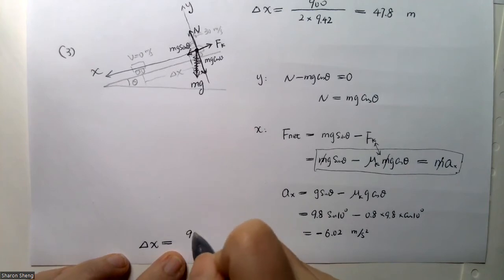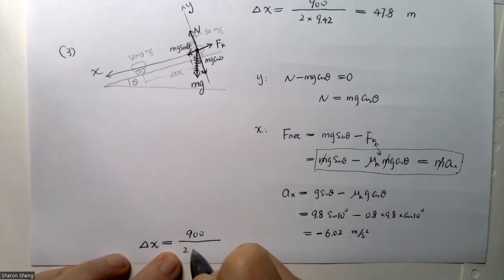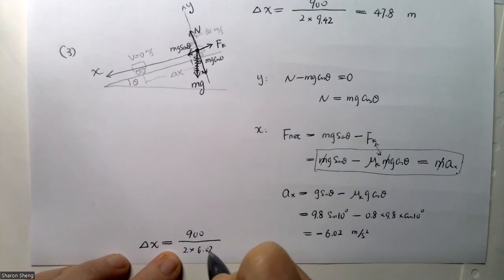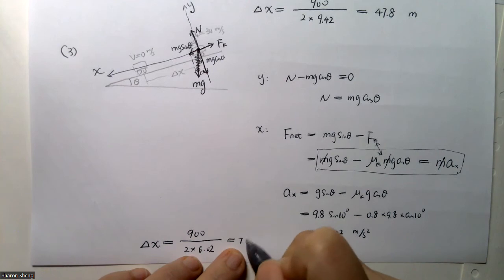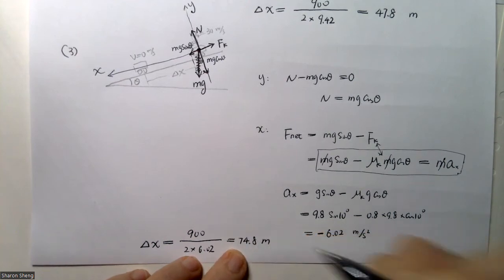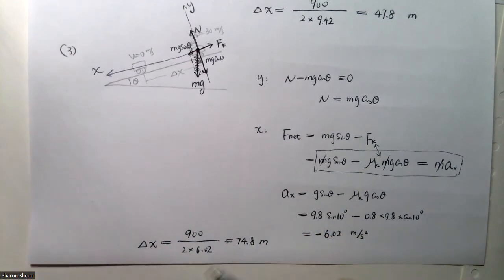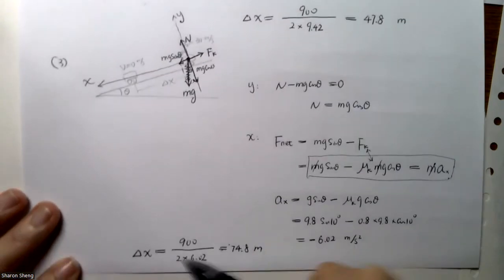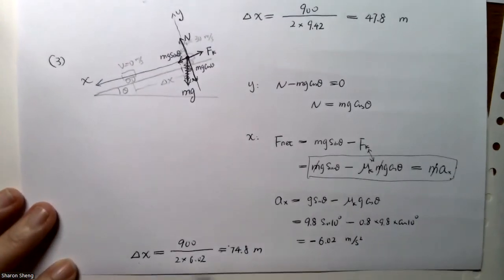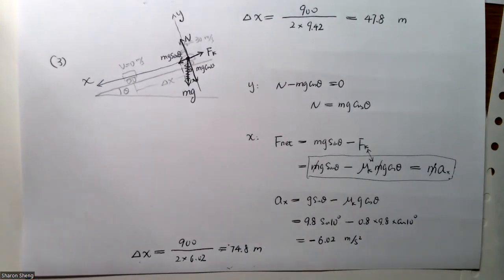So that will be 900 over 2 times 6.02, which is 74.8 meters. This last step is the same as what we did before. We use that formula to save time. I do not go into the detail with you. So then the car will move along the slope with a distance of about 75 meters.